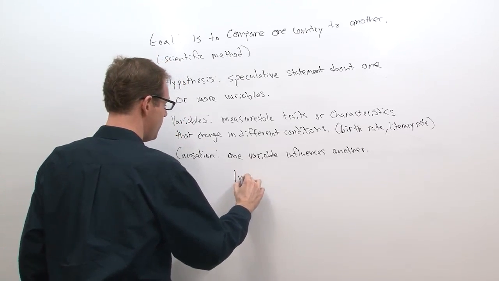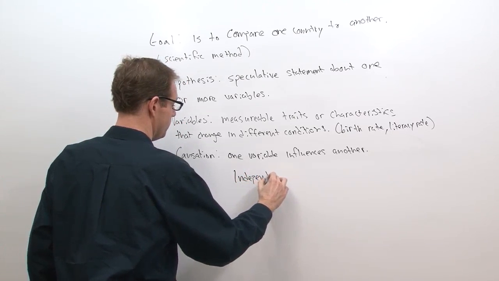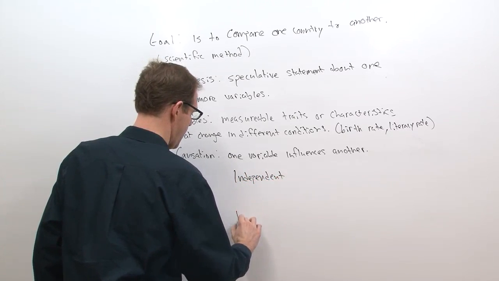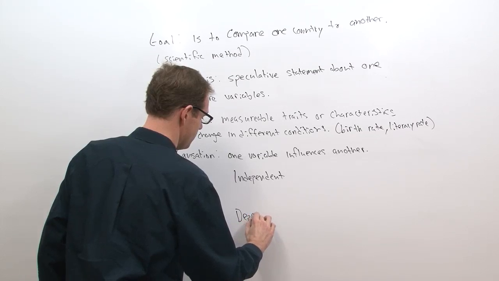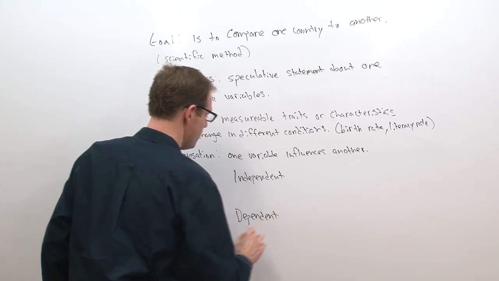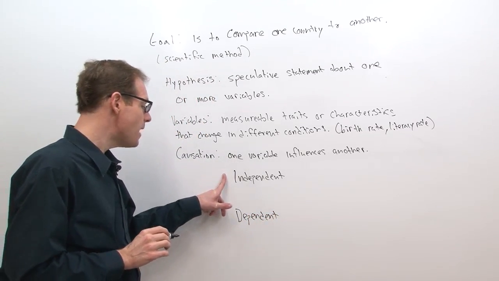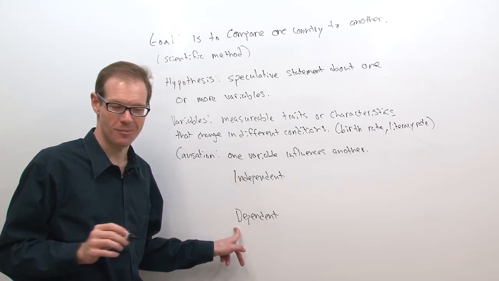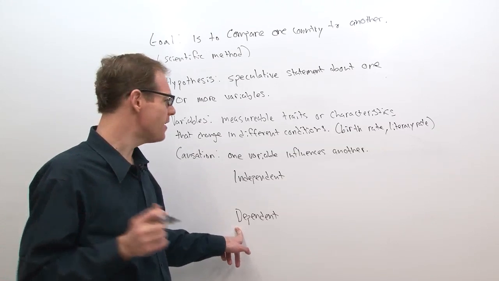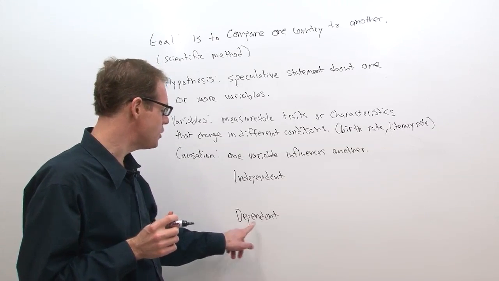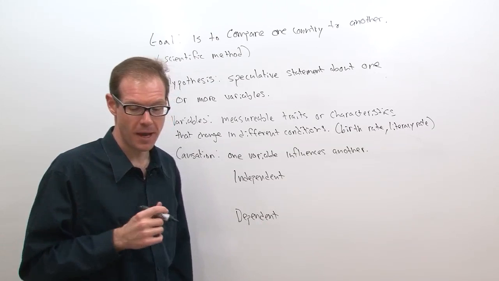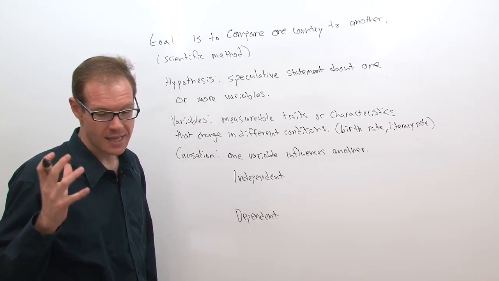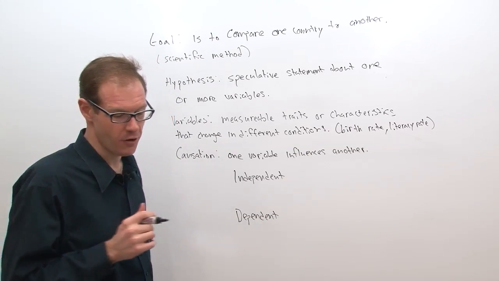We have independent variables and dependent variables. I told you, this is a very clinical class, very definitive. So let's talk about what a dependent variable is. Its actions depend on an independent variable.